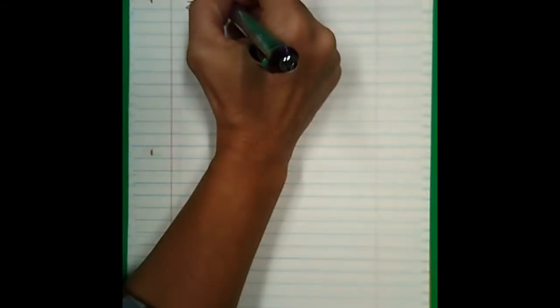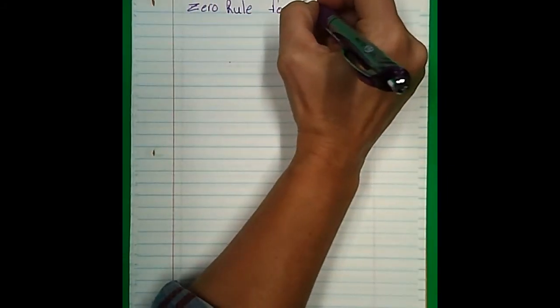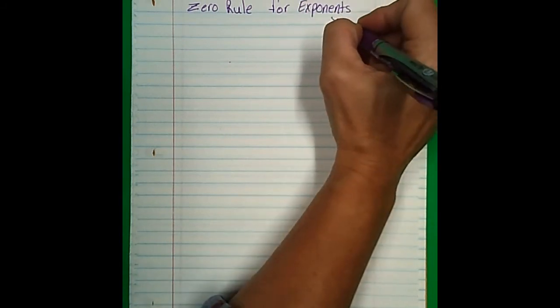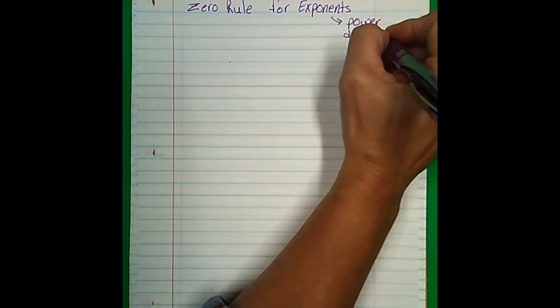Next, let's talk about the zero rule for exponents. Exponents can be called power, degree, raised to.